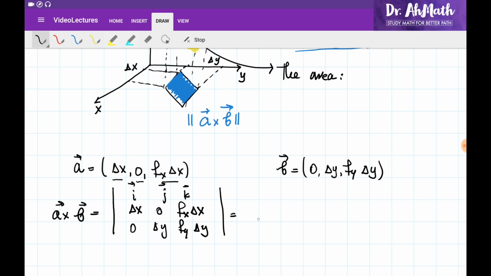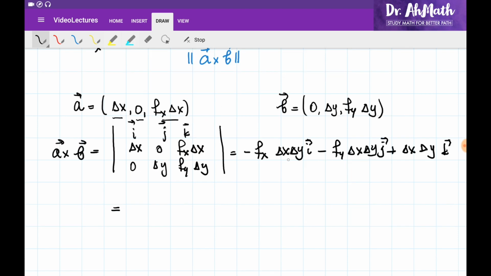So the determinant of this matrix would be minus fx multiplied by delta x delta y multiplied by i, minus fy multiplied by delta x delta y multiplied by j, plus delta x delta y multiplied by k. If I take out the delta x and delta y from all of the three components, I would have minus fx i minus fy j plus k multiplied by delta A.